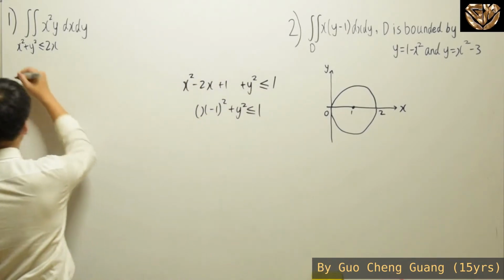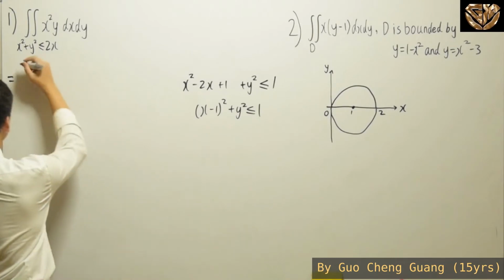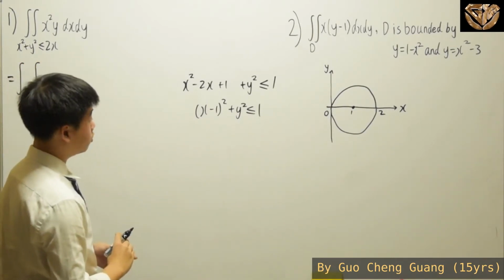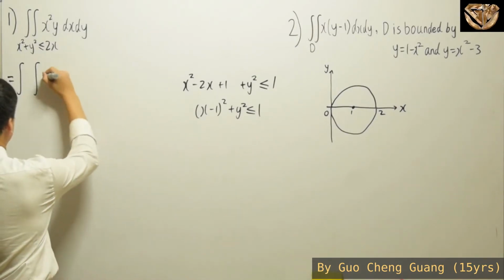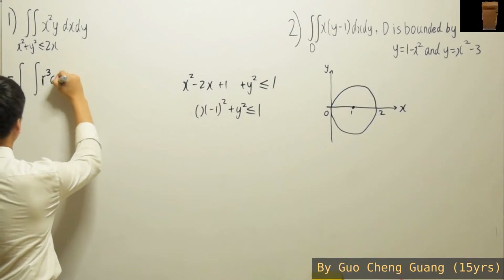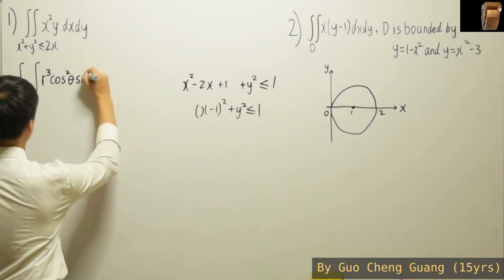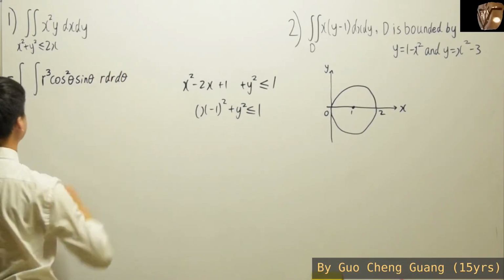So for this question, let's say you want to change it into polar coordinates, which will see r cubed cosine square theta sine theta r d theta.